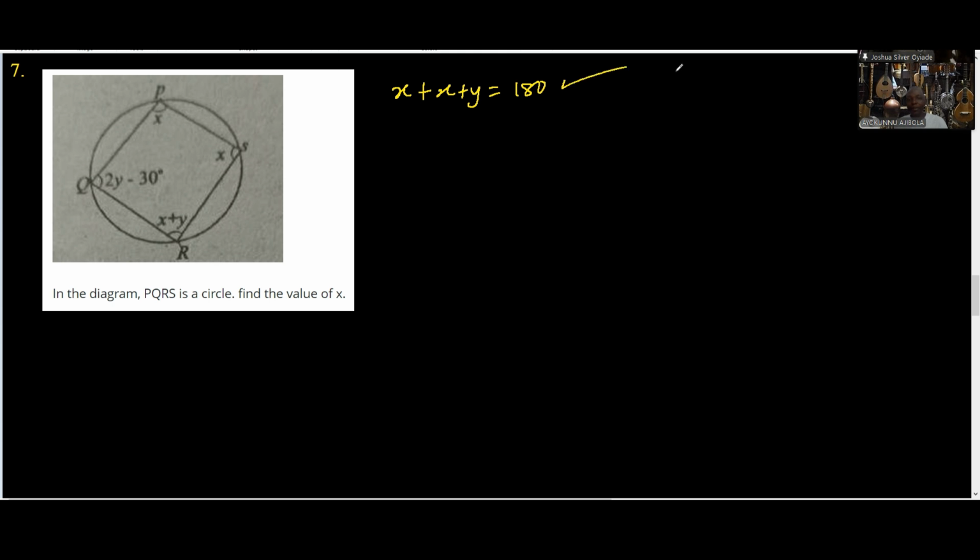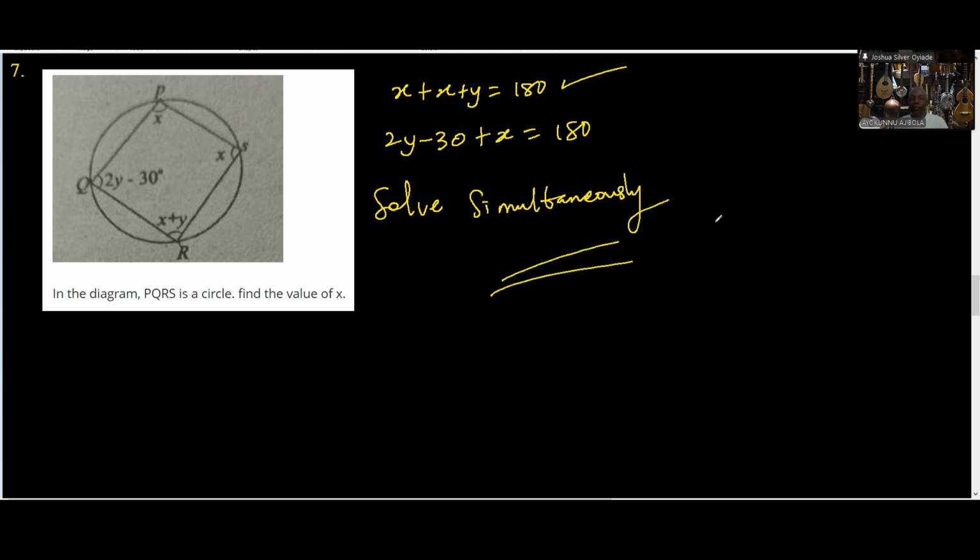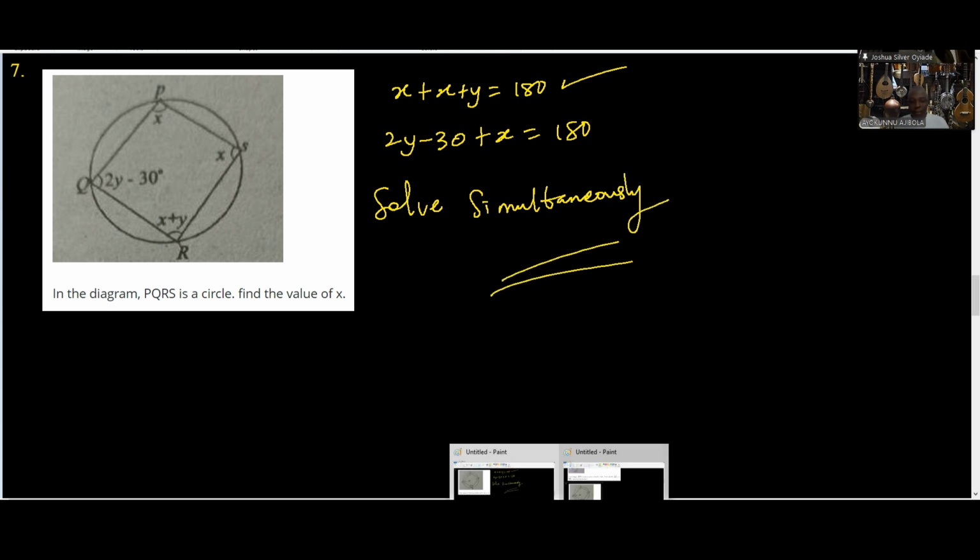So what you are saying is that we should solve this simultaneously, right? Yes, sir. Okay. I think we've done something like this before. Yes, sir. All right. Some people are flipping through their notes.